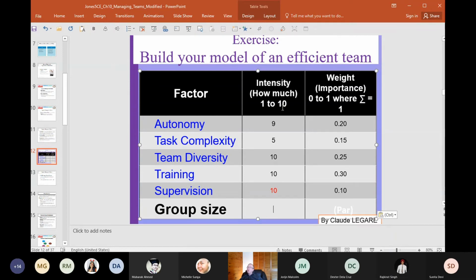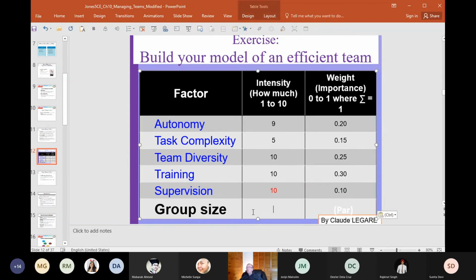So maybe moderate is better, in other words, the smallest as possible for the task at hand, right? So small teams work better than big teams, right? So the smallest number that will do the job is the required, right?